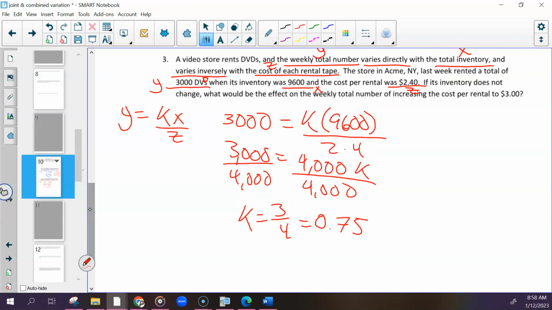Put that in your original equation. If the inventory does not change, so that's telling you whatever number we used before, we're going to use it again. What would be the effect on the weekly total number of increasing the cost per rental to $3?